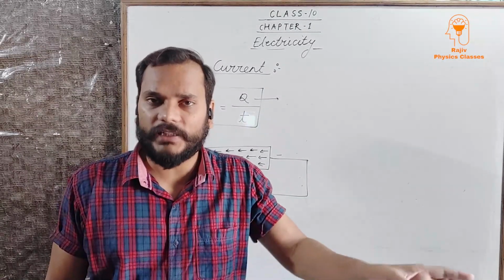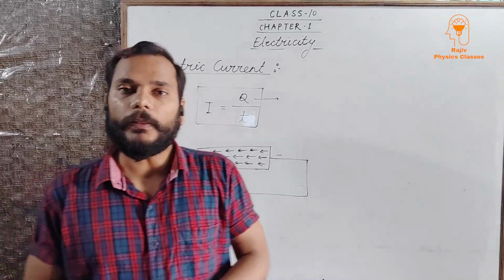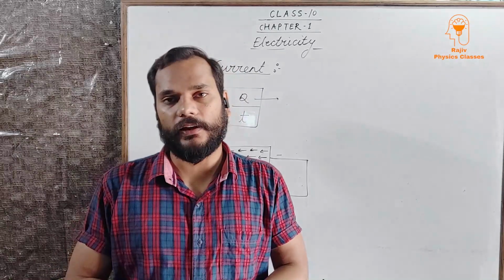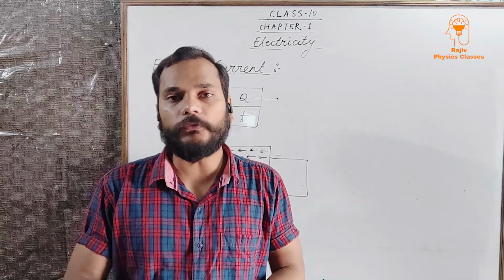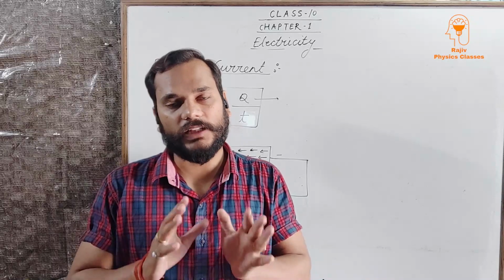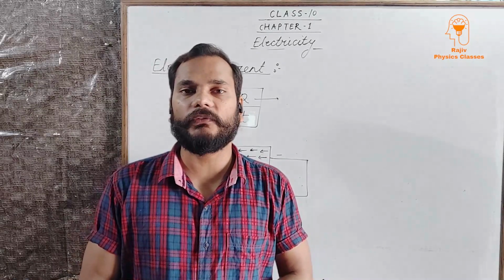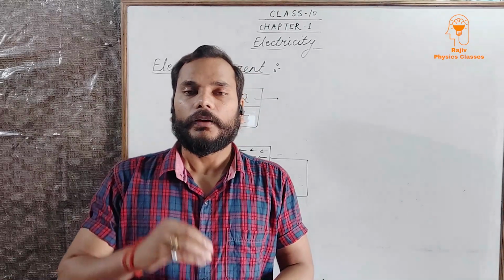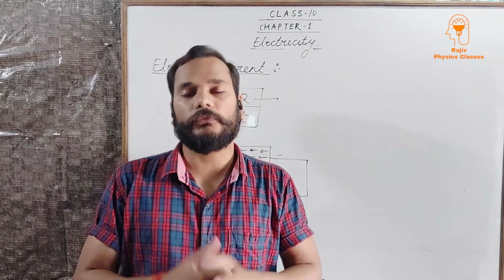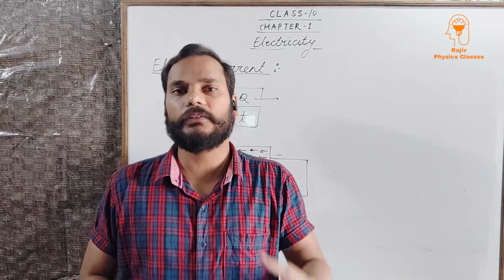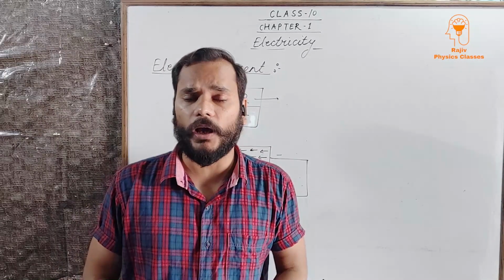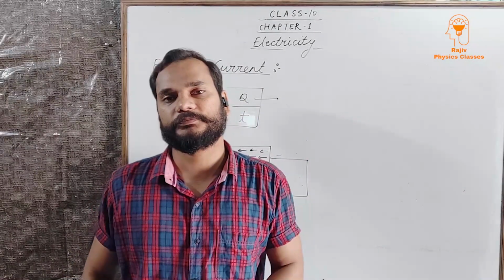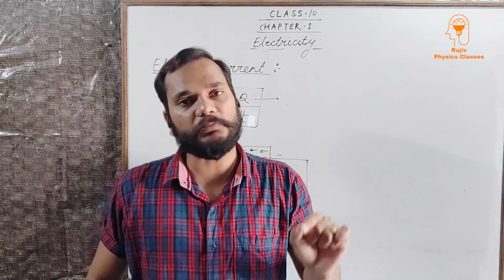In some of the books it is written so. What does it mean? We are calculating the magnitude of electric current because of the flow of electrons. Otherwise, the definition of electric current is always the flow of charge per unit time. Whenever we talk about the magnitude of electric current, whether it is 5, 10, 15, how much current is flowing in that wire, that is calculated by the flow of electrons per unit time.